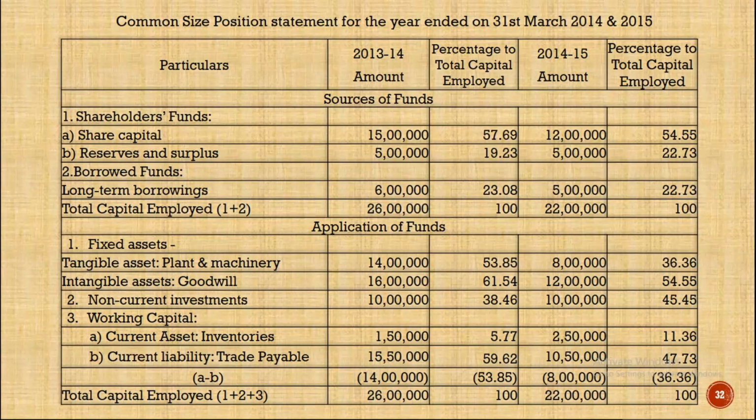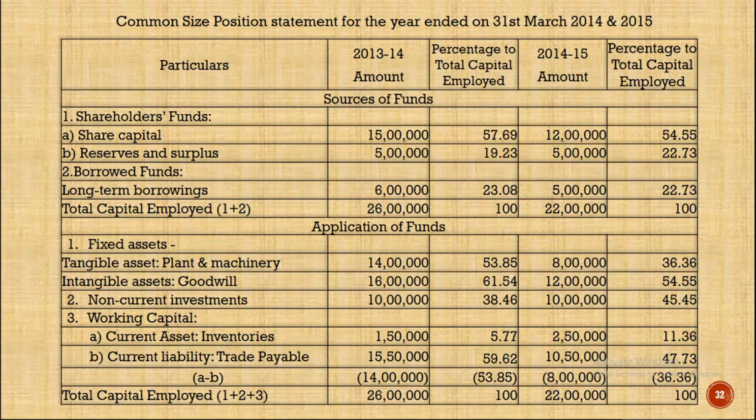In this way, we have to calculate all the other figures, as in the income statement. Here, total capital employed will become the base. It will not change. In case of reserves and surplus, 5 lakh divided by 26 lakh into 100 will give you 19.23%.